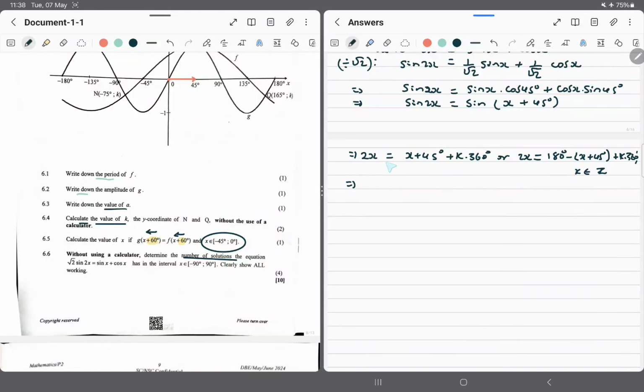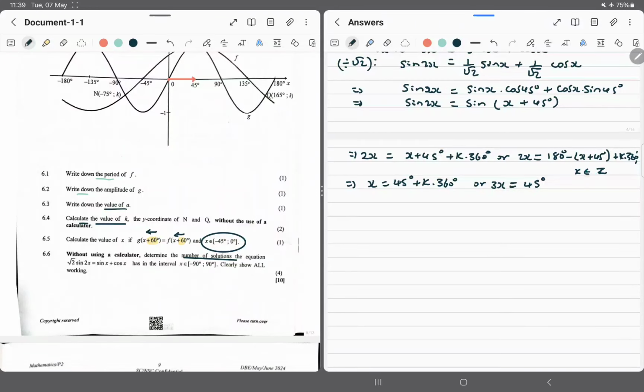So we can already see there that for the first solution we transpose x to the other side. We get x is equal to 45 degrees plus k times 360 degrees, or x is going to be equal to, now 180 minus 45 is 135 degrees, then minus x, then x to this side, it becomes 3x.